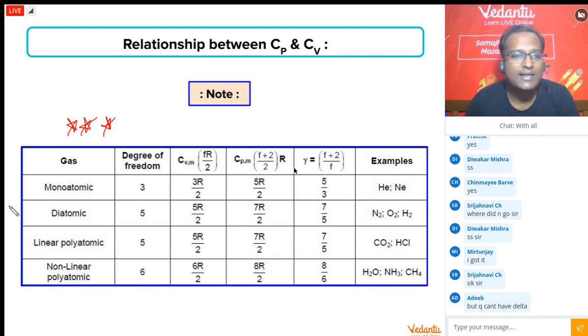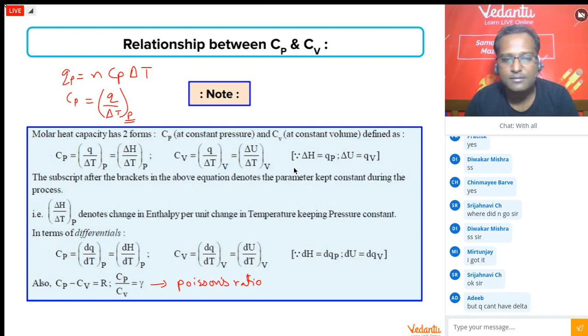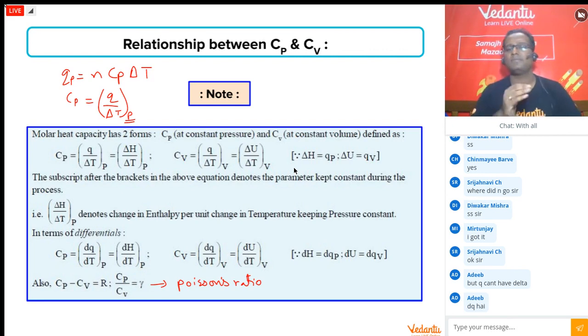Where is delta Q written? Where did you see delta Q? What does dq mean? Can anybody help him?